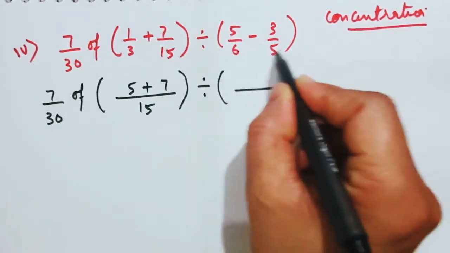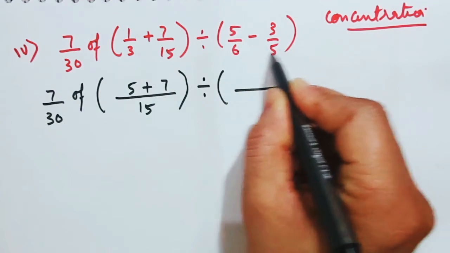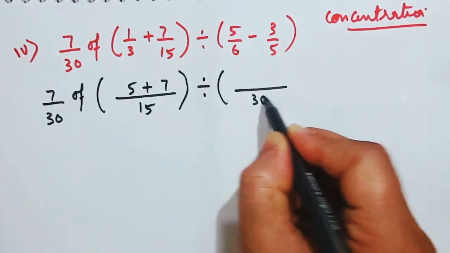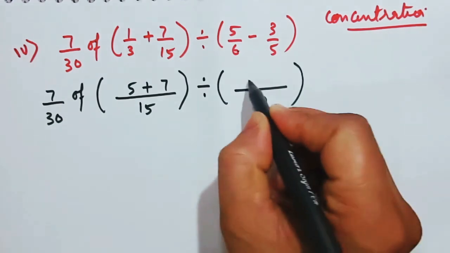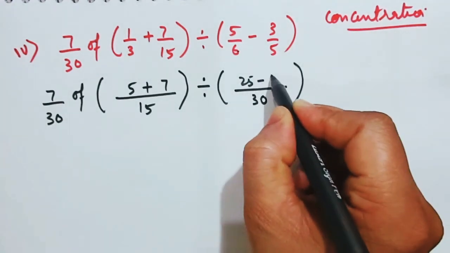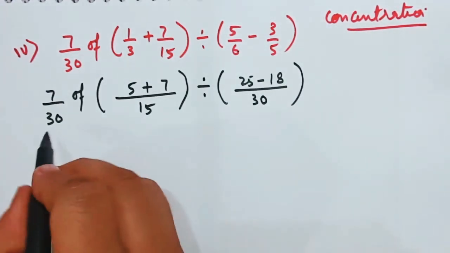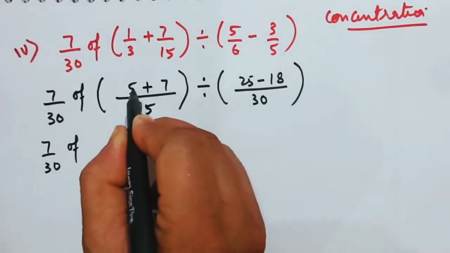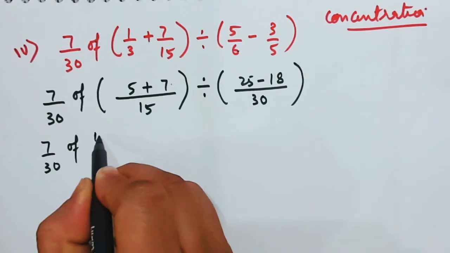These are co-prime numbers. Co-prime numbers are numbers whose HCF is 1. So just multiply these numbers and you will get their LCM. So 5 5s are 25 minus 6 3s are 18. 7 by 30 of 5 plus 7, 12.